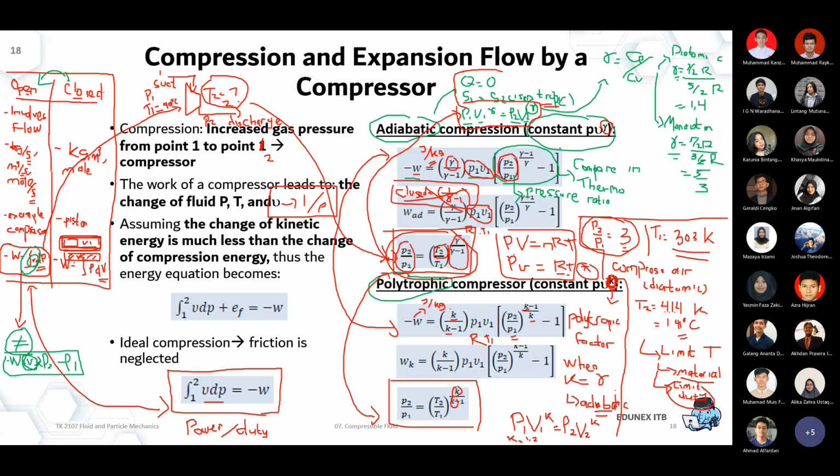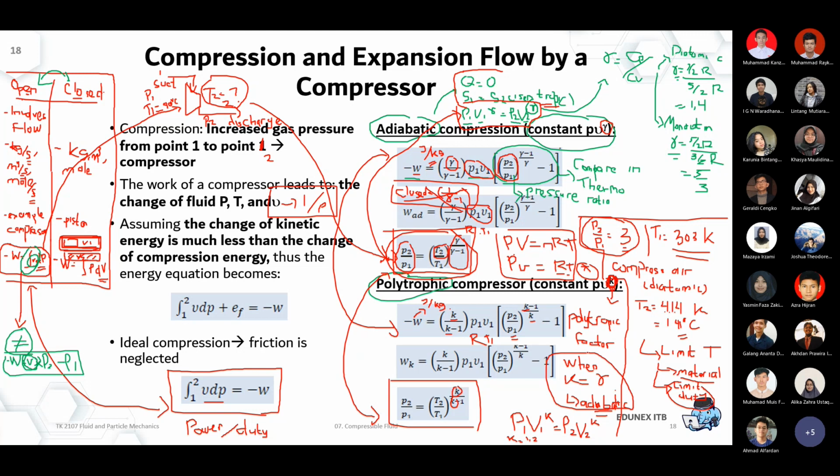But if it's stated that the compressor behaves adiabatically, I would say the generic assumption is you should start with polytropic first because that's more generic. And it only becomes adiabatic when K is equal to gamma.